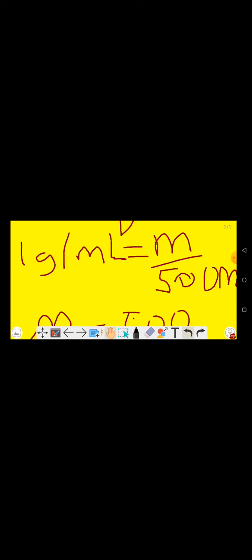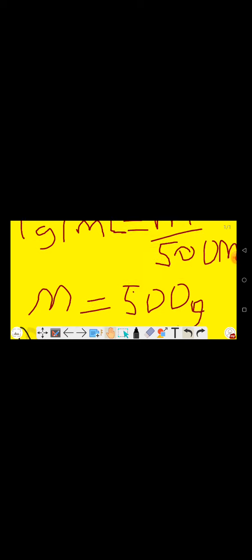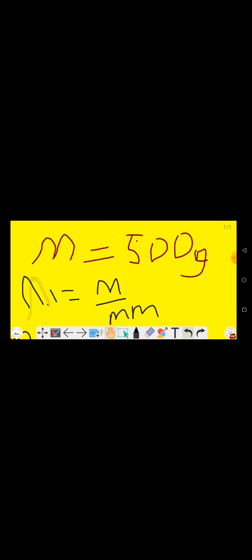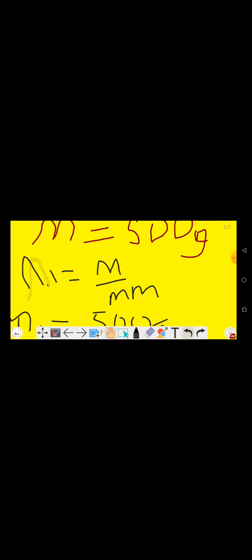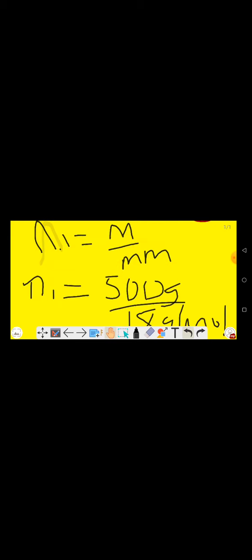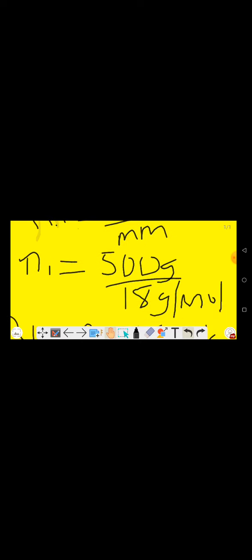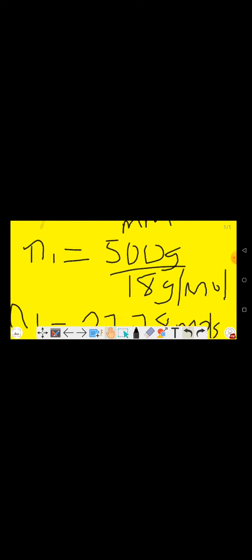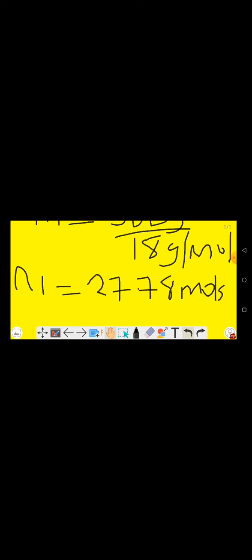We have the volume of 500 milliliter, so the mass of water is 500 grams. So we now introduce the formula: number of moles is equal to mass over molar mass. The mass is 500 grams. What is the molar mass of water? It's approximately 18 grams per mole. When we calculate, we find that the number of moles of water is equal to 27.78 moles.